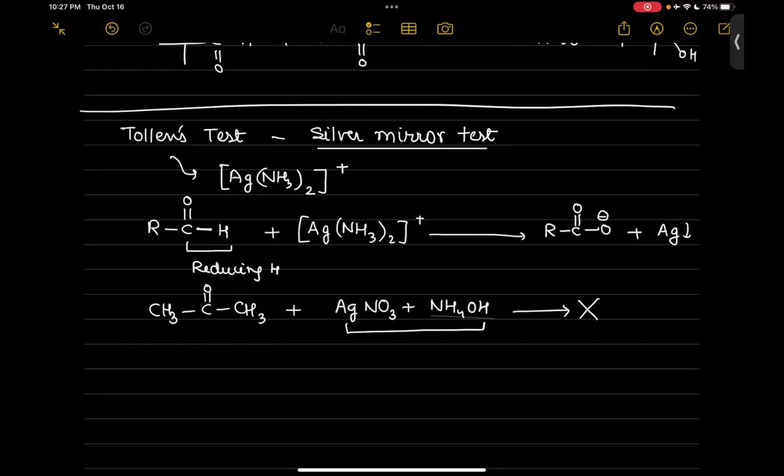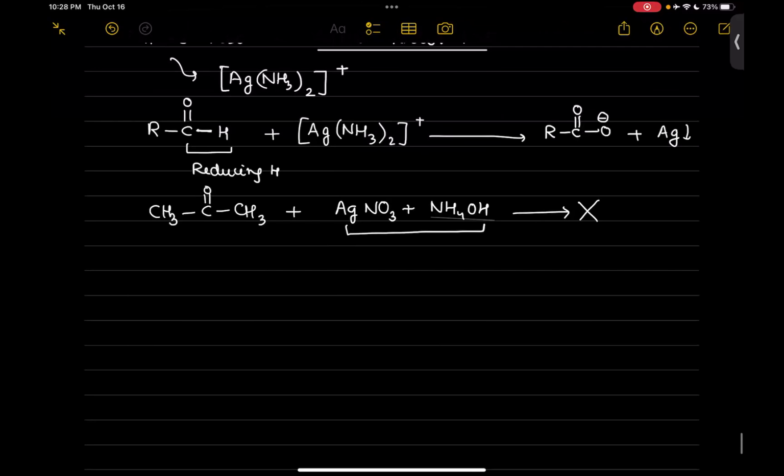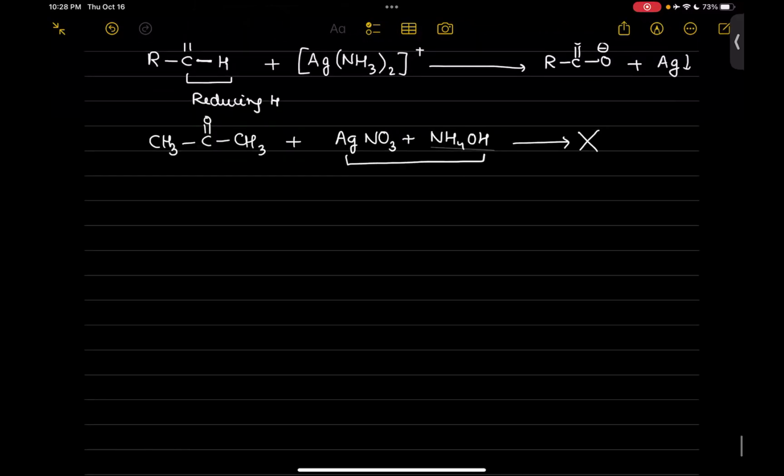Because there is no hydrogen directly linked to C double bond O, there is no reducing hydrogen. So ketones will not be oxidized by Tollens' reagent and they will not respond to the silver mirror test. No silver mirror formation is there. Got it? Is it clear or not?